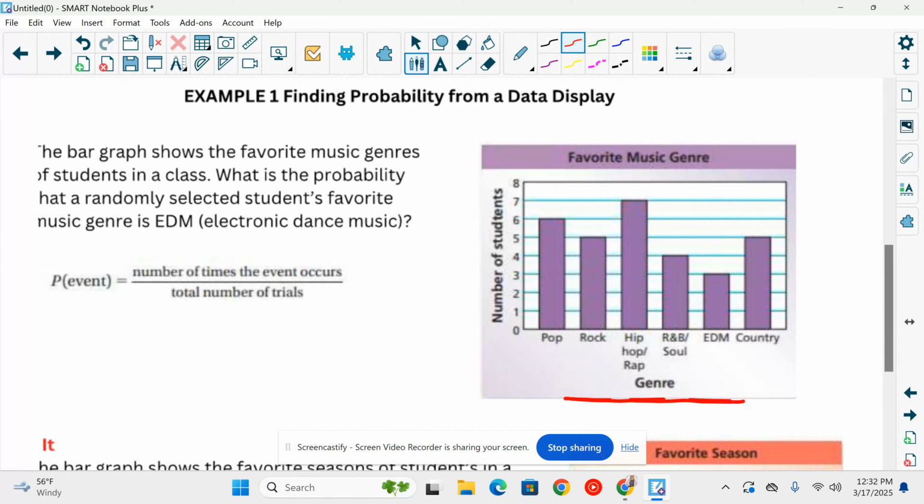Those are categorical, so this would be a qualitative study. Okay, so we have this qualitative study of genres of music, and they want to ask us, what is the probability of randomly selecting students' favorite music genre as EDM, electronic dance music?